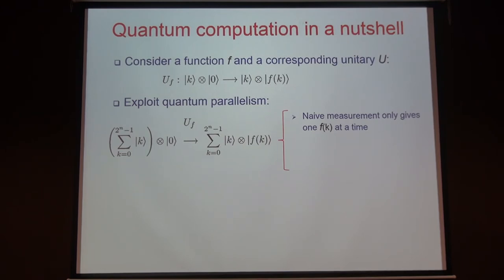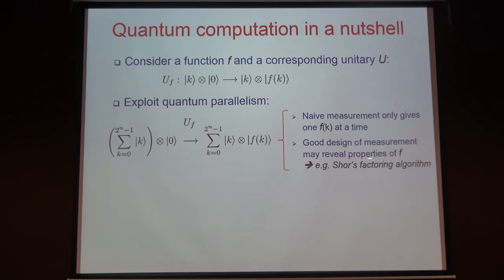So if I do this measurement naively, it looks like a classical random computer, and it's not doing exactly what I want. Therefore, there's a dilemma. A quantum computer has massive parallelism, but to read out you need a measurement, and measurement sort of compromises what you can do.